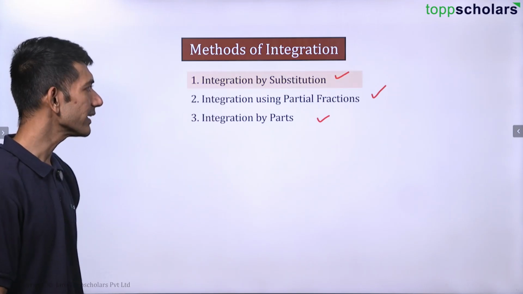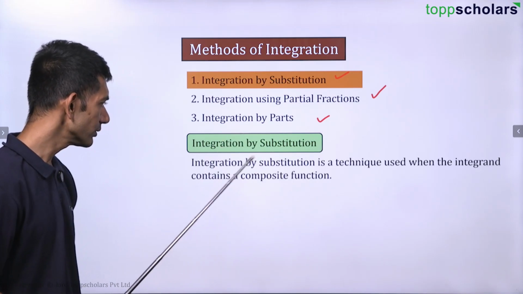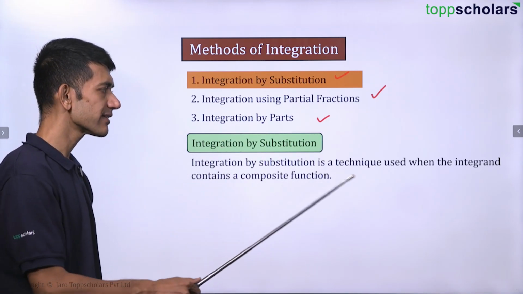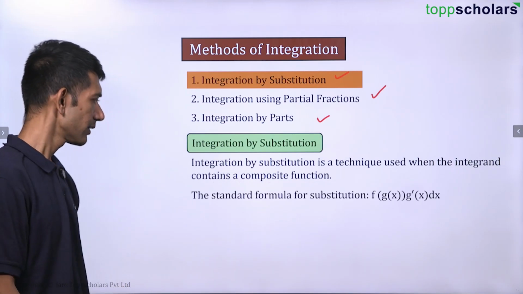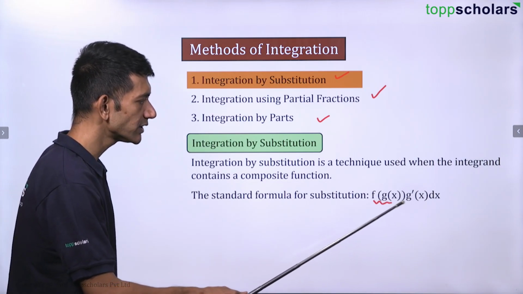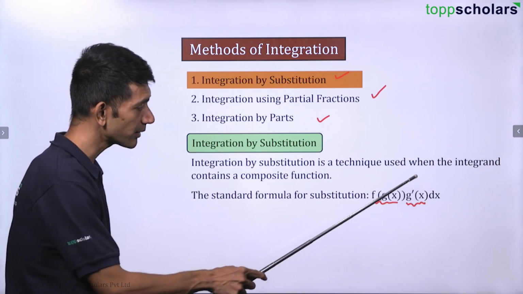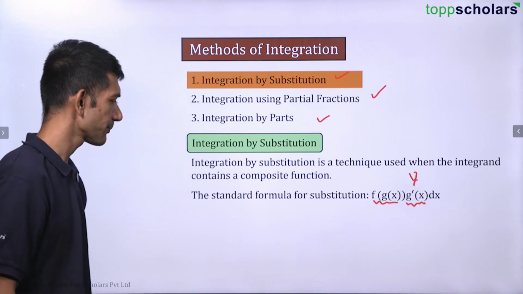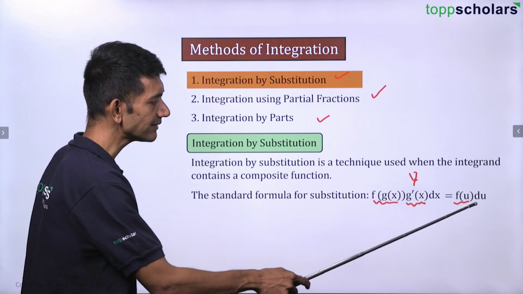So let us talk about integration by substitution first. Integration by substitution is a technique used where the integrand contains a composite function. The standard formula for substitution: f of g of x times g dash of x, which is nothing but the derivative of g of x, dx. So if you get something like this, it is considered as f of u du.